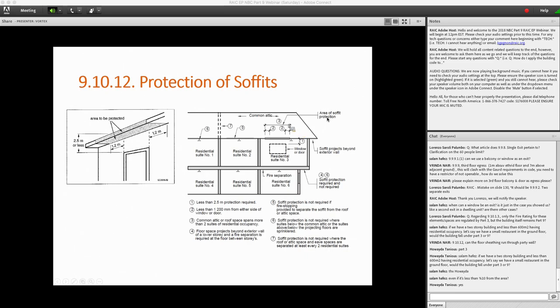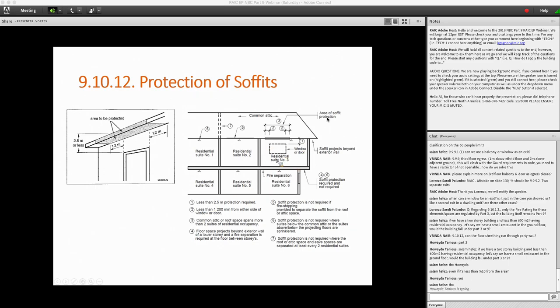If you look at the sketch on the right hand side, bullet 1, we have a window in a residential suite, and the soffit is less than 2.5 meters above the window. So we protect the soffit up to 1.2 meters beyond the window opening.